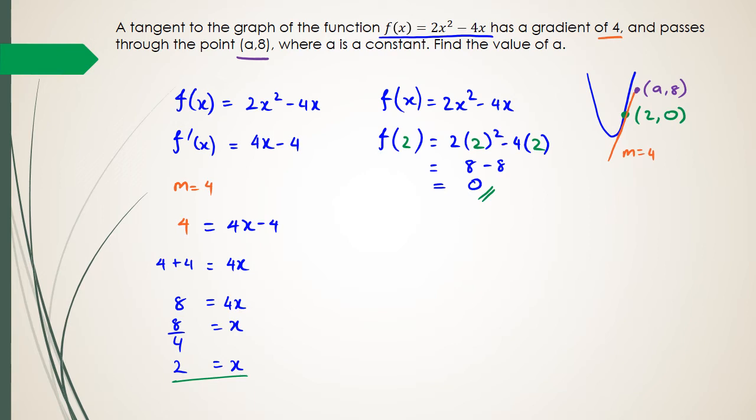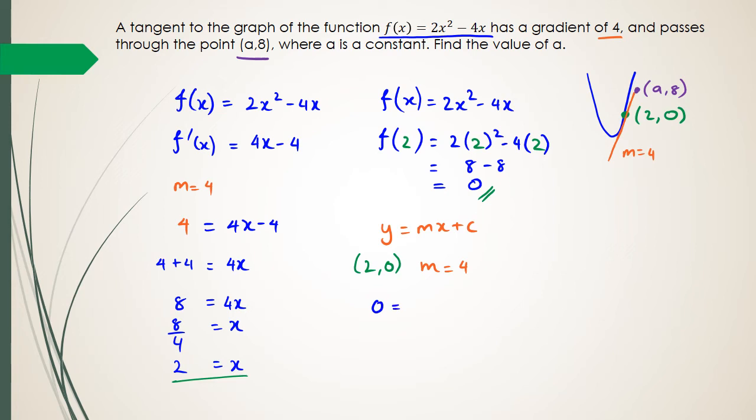Now the orange line has an equation of y equals mx plus c. I have a point, the green point, which I'm going to use because the orange line goes through the green point, and it also has a gradient of 4. Using these three things, I can work out what the c value is.